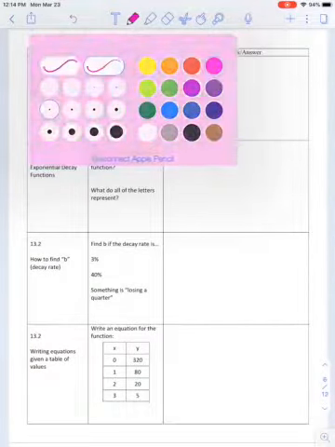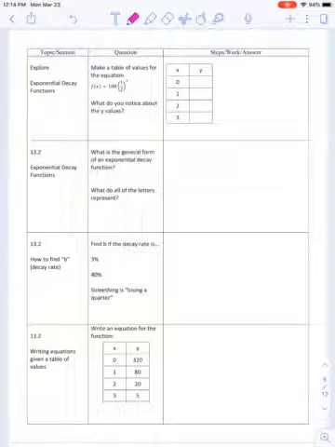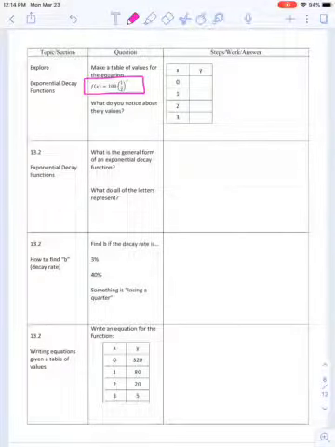Let me switch colors here because we know I love to do that. So again, exponential decay. We're going to make a table of values for this equation: 100 times 1/2 to the x power. And remember, order of operations says we have to do half to the x power first, then multiply that answer by 100.